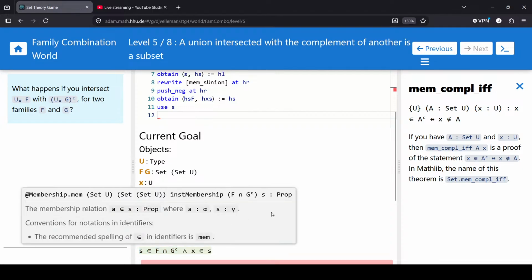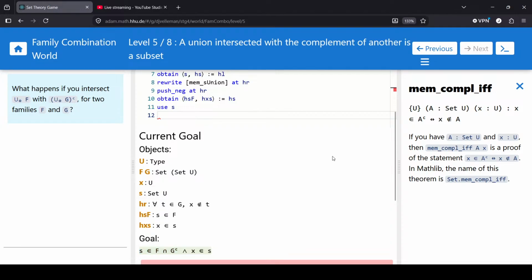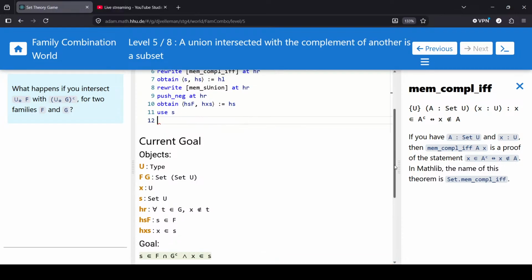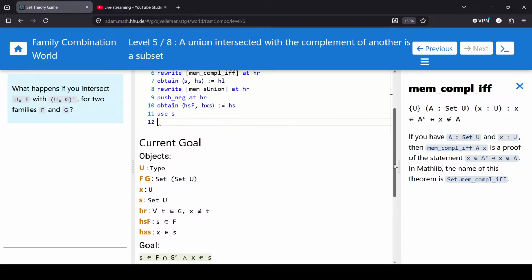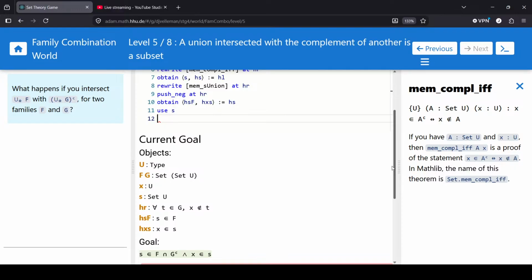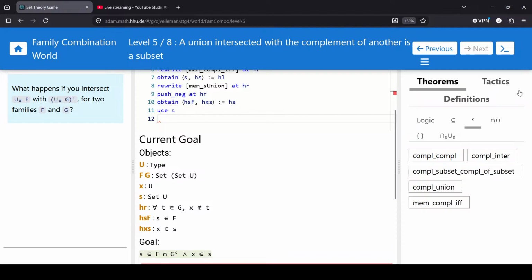How do I prove that S is in F intersect G's complement, though? Yeah, we don't have any negatives here in the goal.